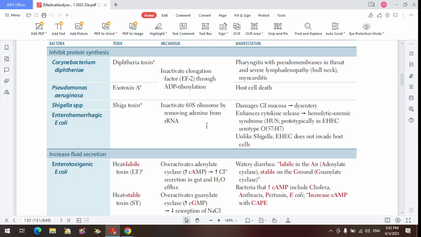So once the Shiga toxin is released, it causes protein synthesis alteration. There's chronic inflammation. There's release of cytokines, and when cytokines are released, they activate the platelets. You start having coagulation. So when there is coagulation within the microvessels of the body, there's thrombocytopenia.